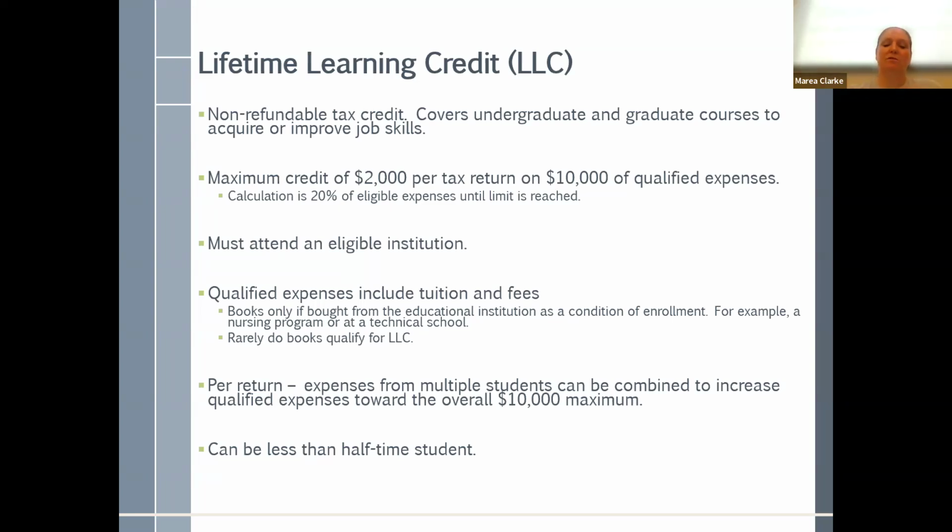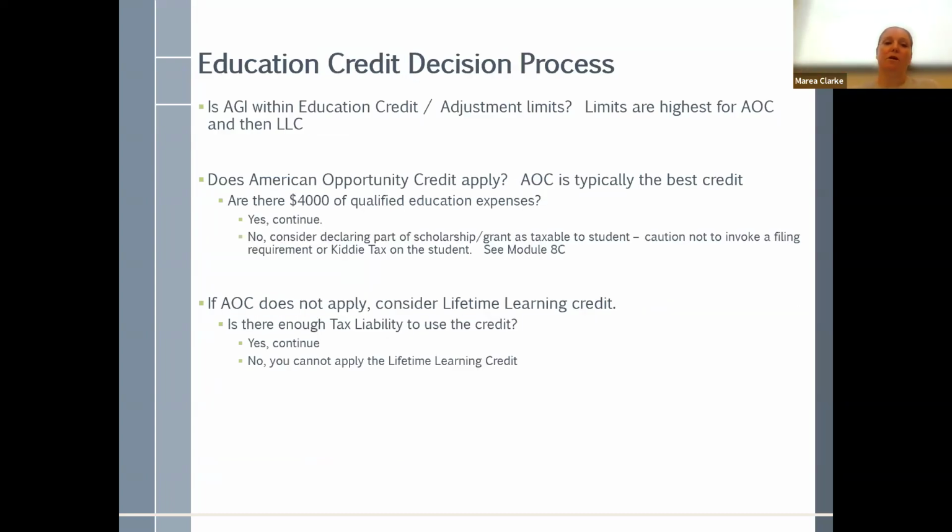It'll help you parse the differences there. It is a per return credit, so expenses from multiple students can be combined to increase the qualified expenses to that $10,000 maximum. And again, you can be less than half-time. So more flexible, but not as much money. You have to spend a lot more to get that money back, and it's not refundable.